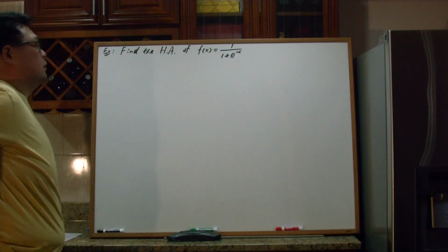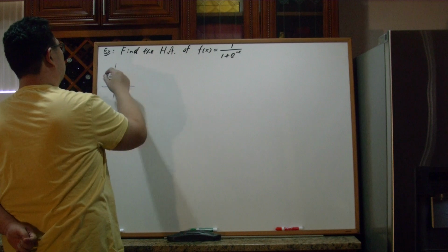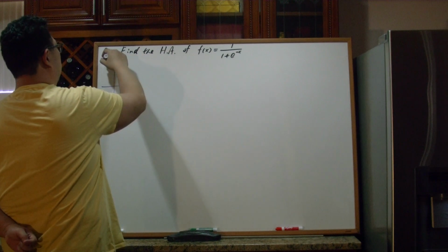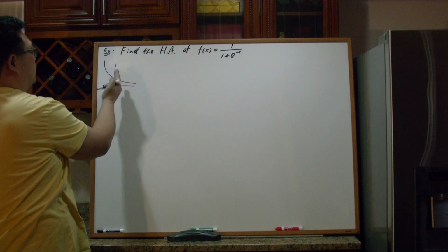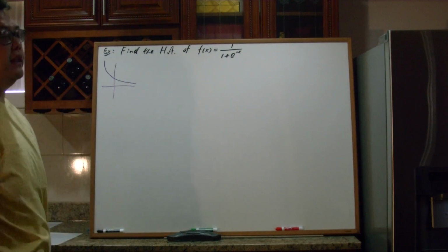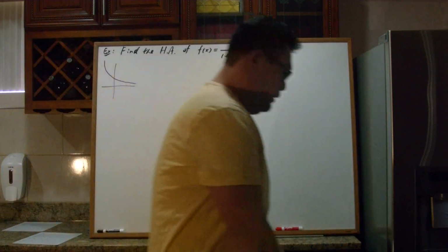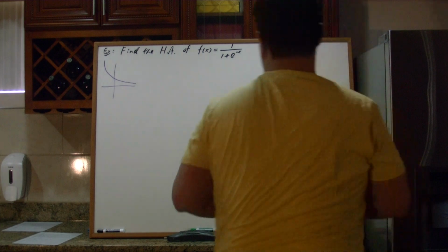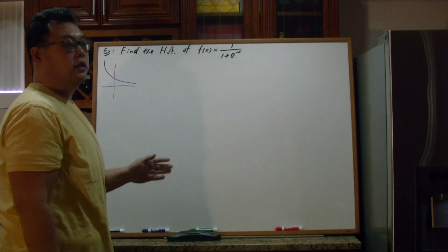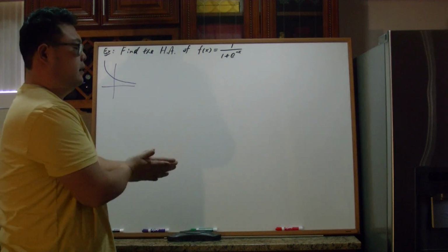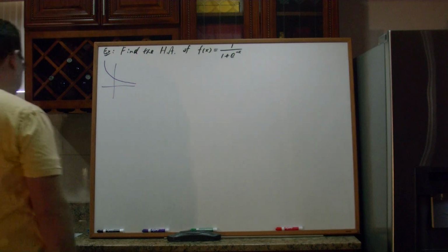As we have seen before, based on the graph of e to the x, and here is the graph of e to the negative x, as x approaches infinity it will be 0, and as x approaches negative infinity it will be infinity. Based on that information, we find the horizontal asymptote. For the horizontal asymptote, as x approaches infinity, what's the limit? As x approaches negative infinity, what's the limit?